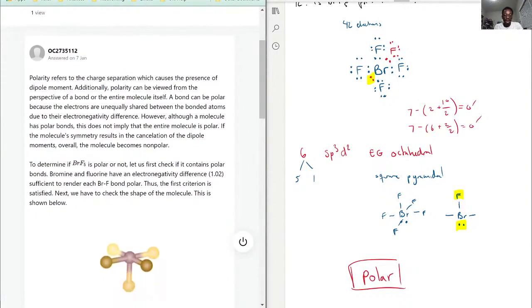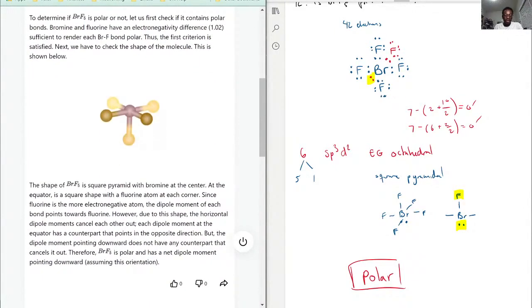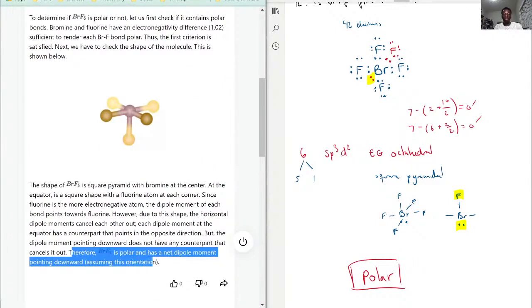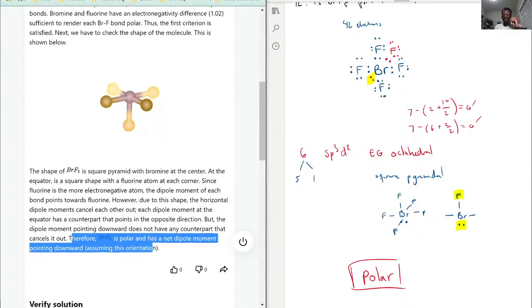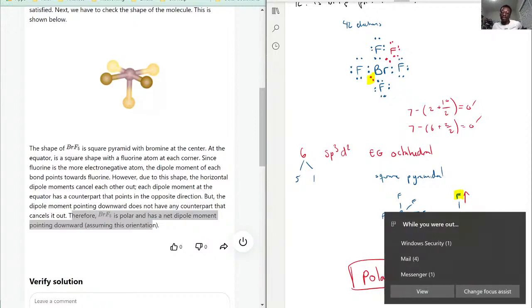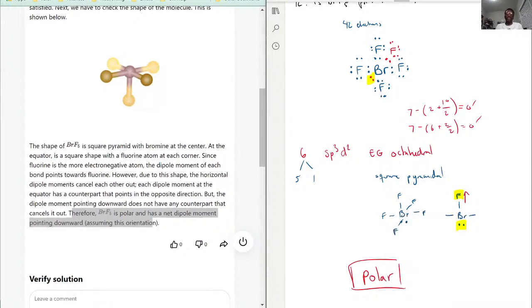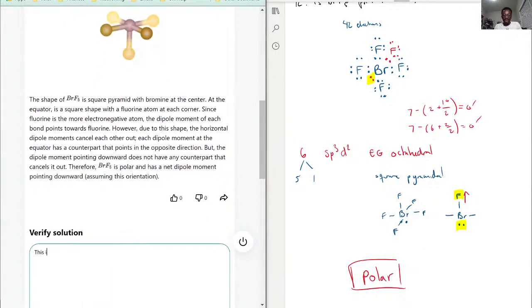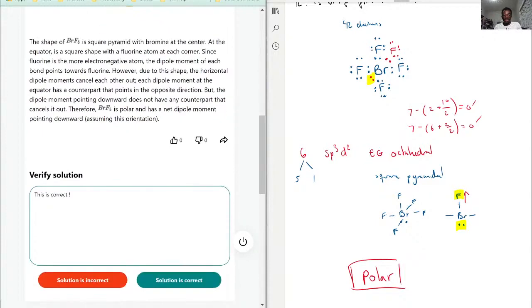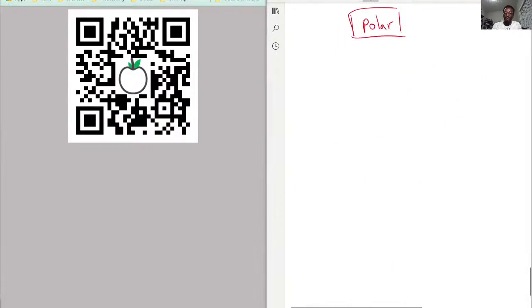So, as I said, square pyramidal, which is what I drew, and therefore it's polar and has a net dipole moment pointing towards this fluorine up here, because it's more electronegative between bromine and fluorine. Now let's move on to question number 13.